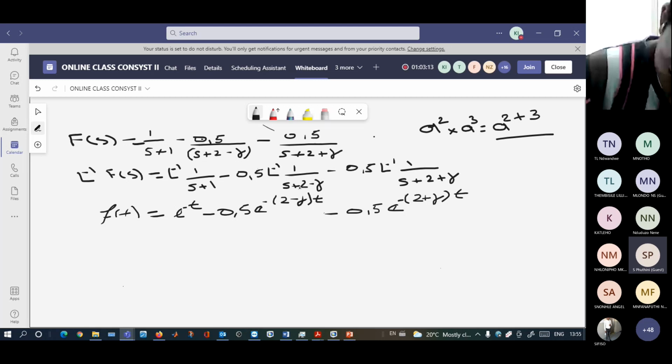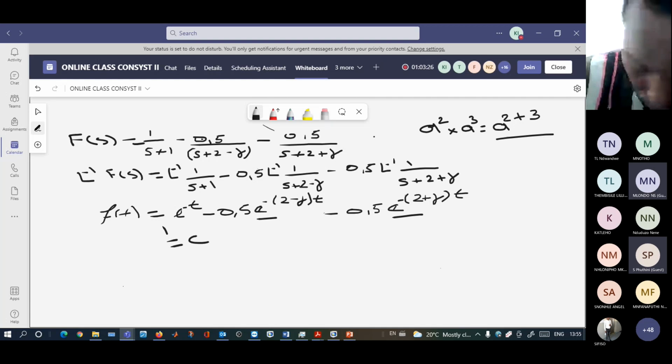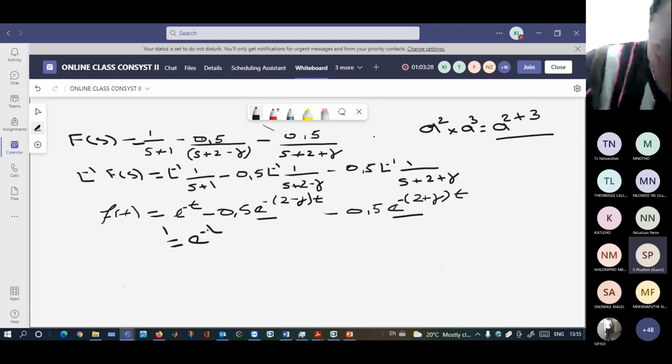So here we have this e exponential, and we can put it in this form here, right? So this is what we are doing now. e is equal to e minus t minus 0.5. Because we have 0.5 here and this 0.5 here, we can open the big brackets and put 0.5 there.